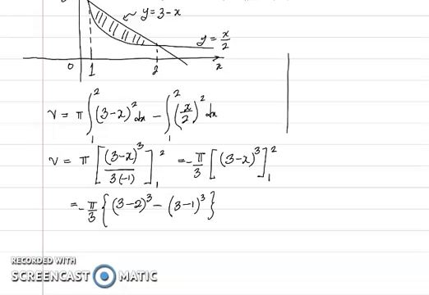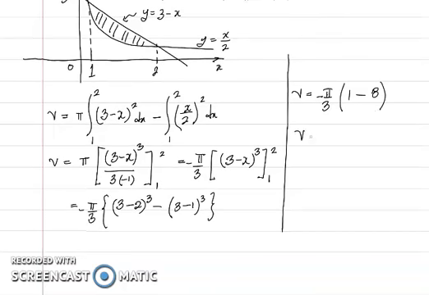So what we have is V is equal to minus pi over 3, and in brackets, 3 minus 2 is 1, 1 cubed is 1, minus 3 minus 1 is 2, 2 cubed is 8.